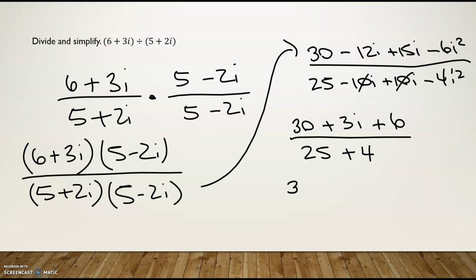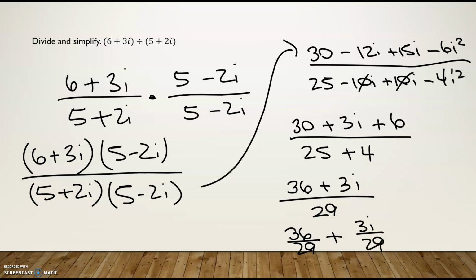Okay, so I have 36 plus 3i over 29, and then break them up. 36 over 29 plus 3i over 29. And this will be our final answer.